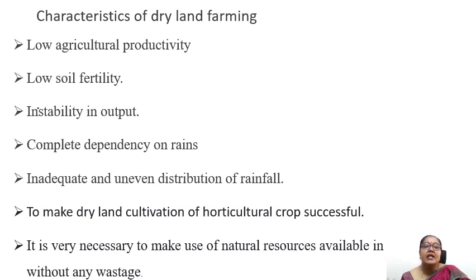We also see that dryland cultivation is helped when we make use of horticultural crops, and it's very necessary to make use of the natural resources that are available without any wastage.